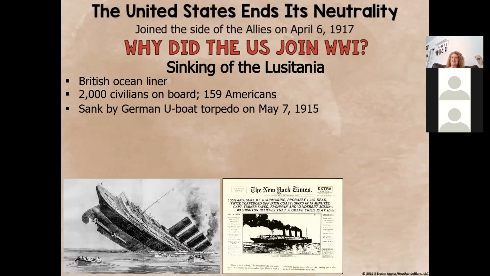They had this stance of neutrality. But everybody knew that it wasn't 100% true neutrality, because the US, even before they enter the war, are sending massive amounts of money and military supplies to help the Allies.